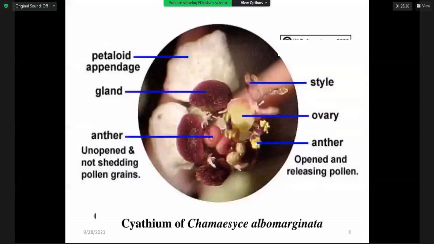This is the side view, and this one is also the structure of the cyathium. That means there is an inflorescence. There you can see the ovary and style of the female flower and the male flower parts.